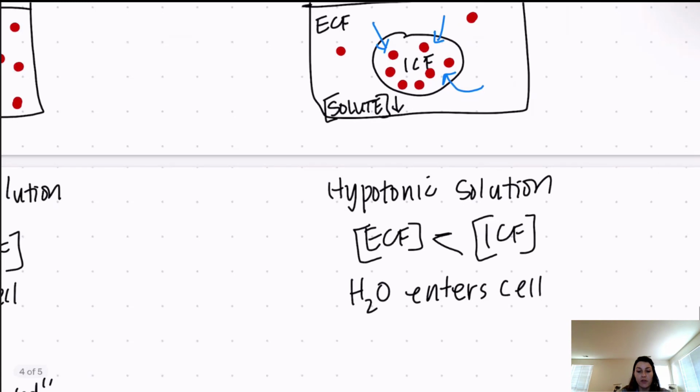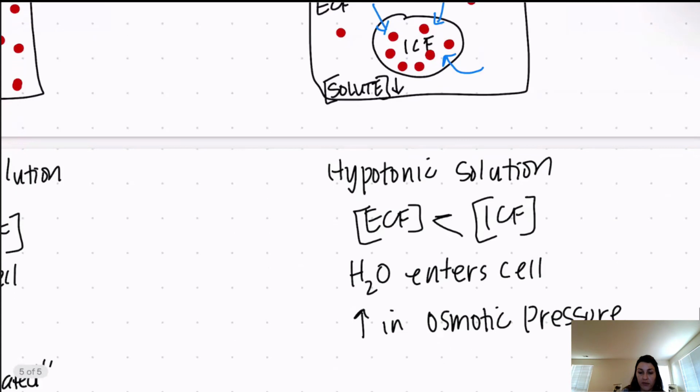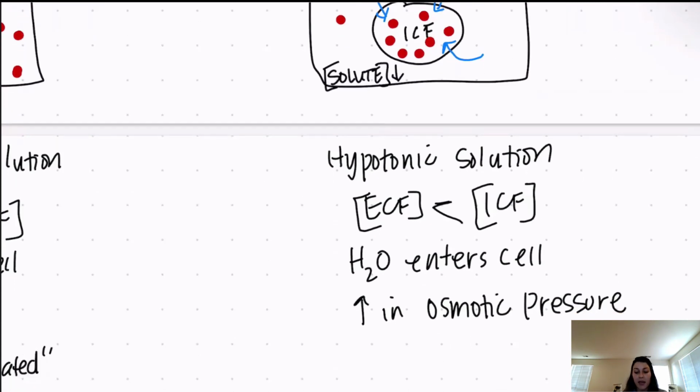And when it gets really full of water, that water pushes on that membrane pretty hard, and that causes an increase in what we call osmotic pressure. Because the force of osmosis is strong, it's pushing on the outside of that membrane pretty hard, that water being filled up in that cell. And sometimes when that osmotic pressure gets really high, that cell can explode or break, and we call that lysis.